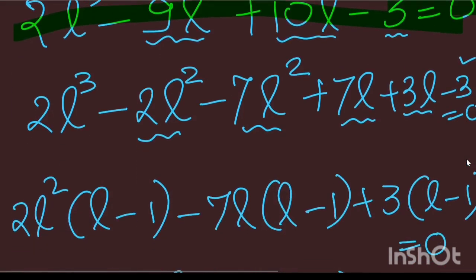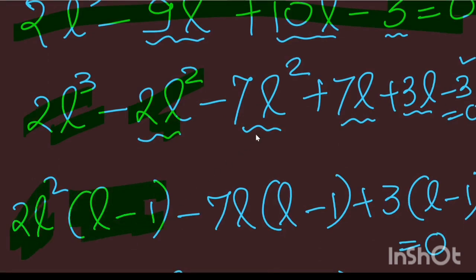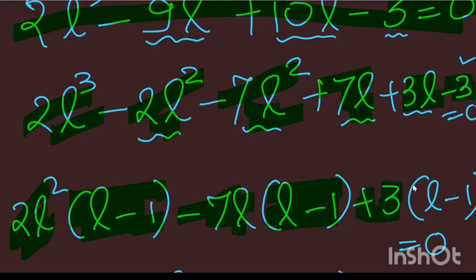So now as you can see, in the first two terms, 2L cube minus 2L square, we will take 2L square common. So we are left with L minus 1. In the next two terms, minus 7L square and plus 7L, we will take minus 7L common. So we are again left with L minus 1 as a factor. Similarly, in the last two terms, we will take plus 3 as common. Again we would be left with L minus 1 as a factor.